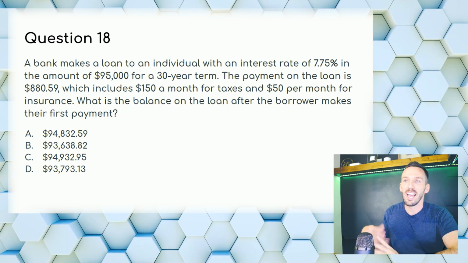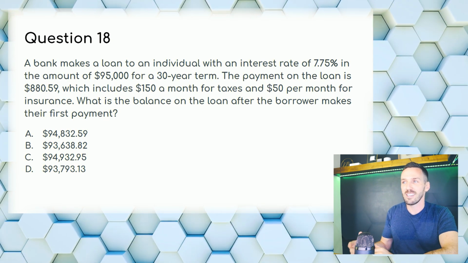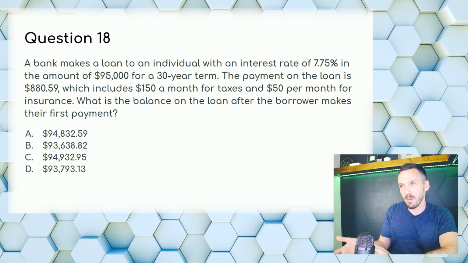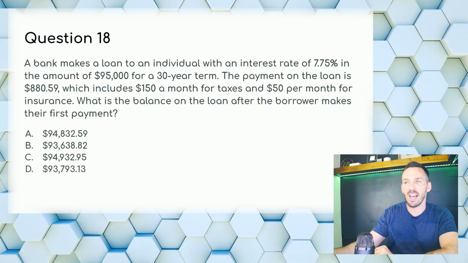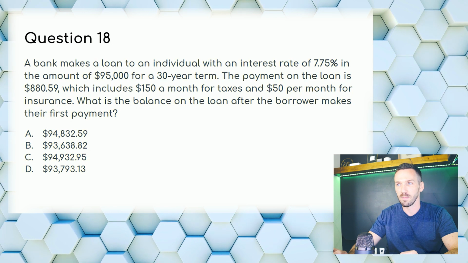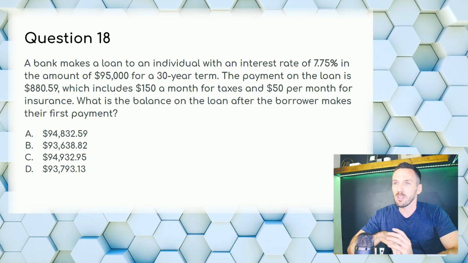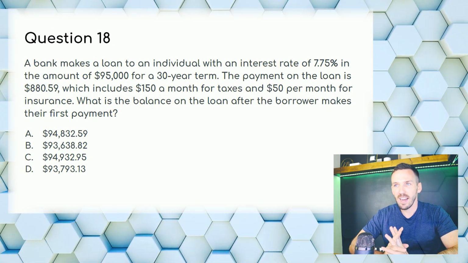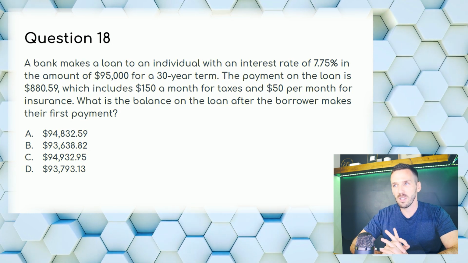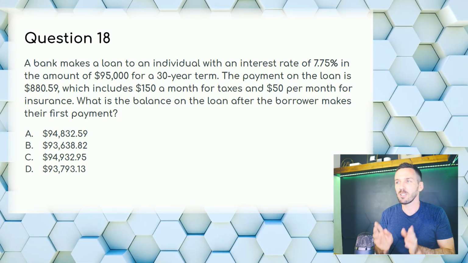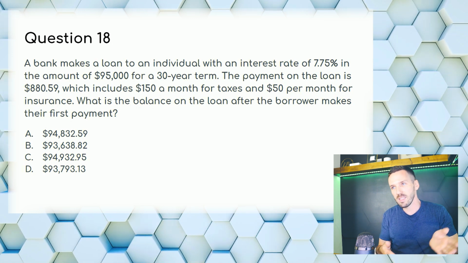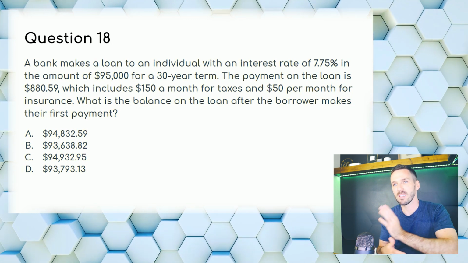All right, question 18. A bank makes a loan to an individual with an interest rate of 7.75% in the amount of $95,000 for a 30-year term. The payment on the loan is $880.59, which includes $150 a month for taxes and $50 per month for insurance. What is the balance on the loan after the borrower makes their first payment?